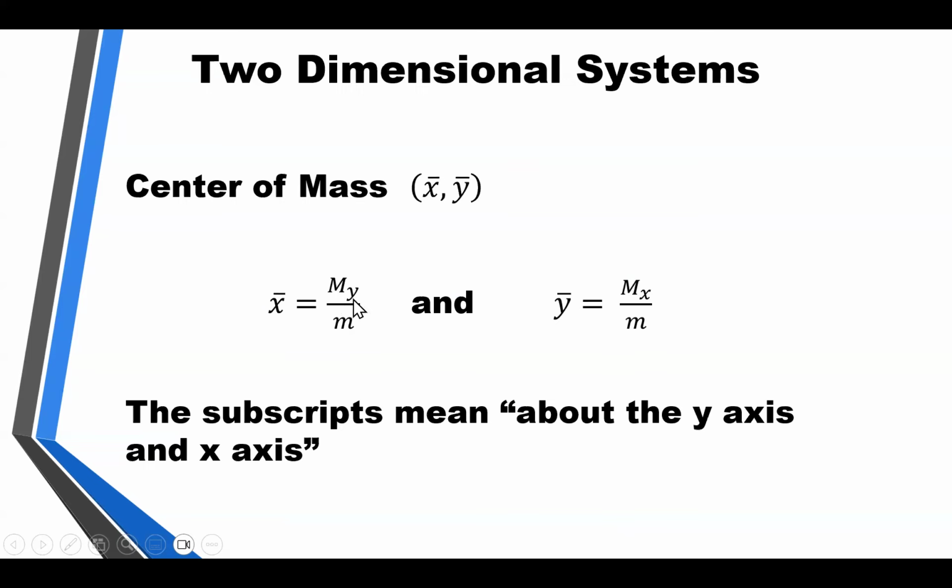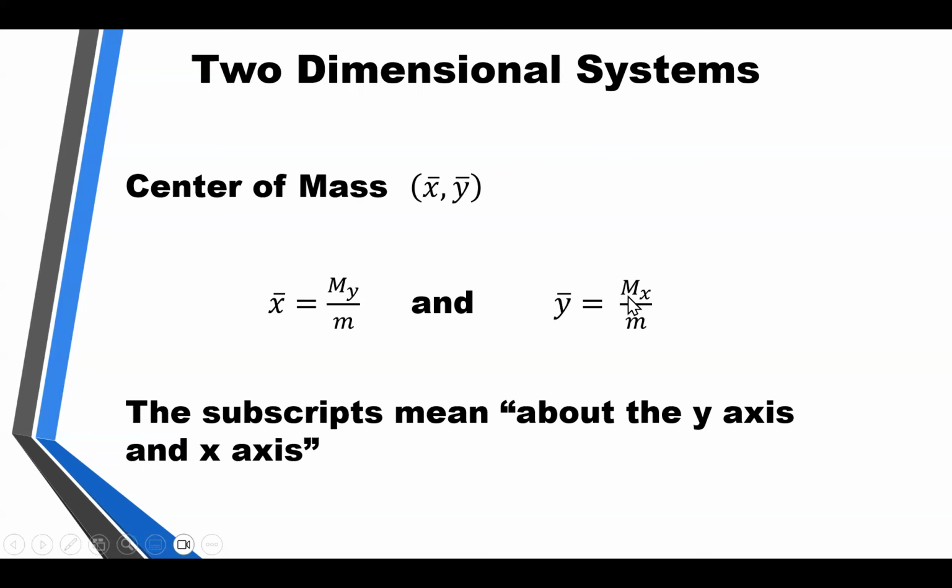Now, we get some weird subscripts here. Oftentimes, people get thrown off by the subscripts. The subscripts mean the moment about the y-axis. So that is telling you how far from the y-axis. And if you think about the distance from the y-axis, that gives you an x value.